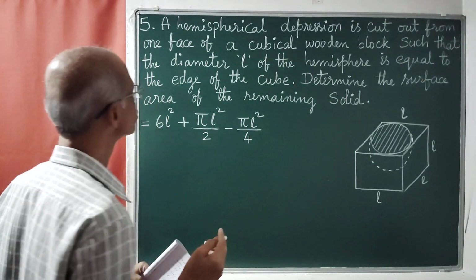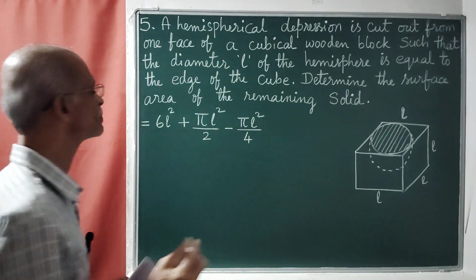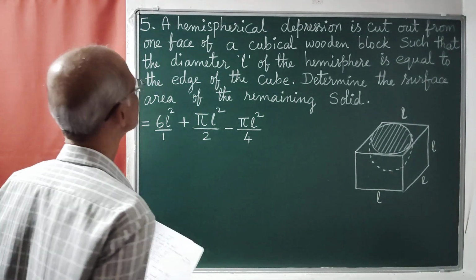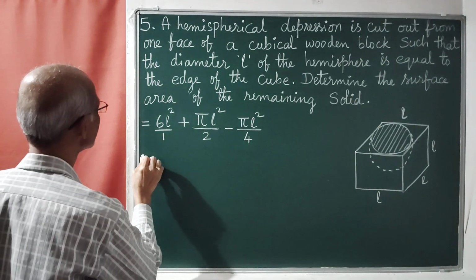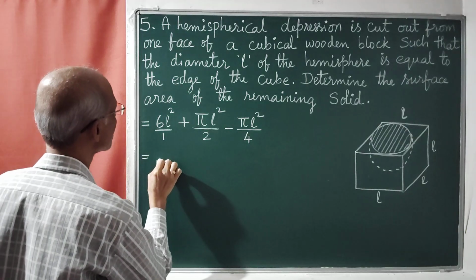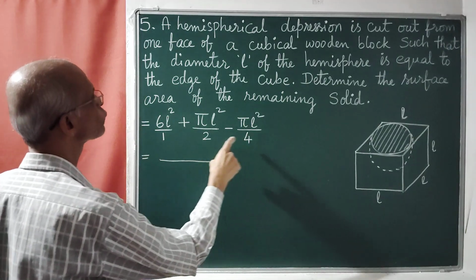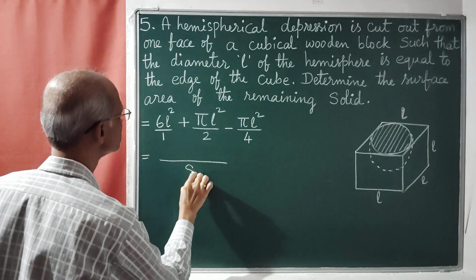Now we will solve it by means of cross multiplication. Put 1 under this. So 1 into 2 into 4, that is 8.